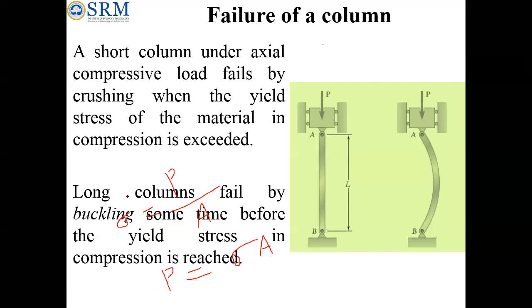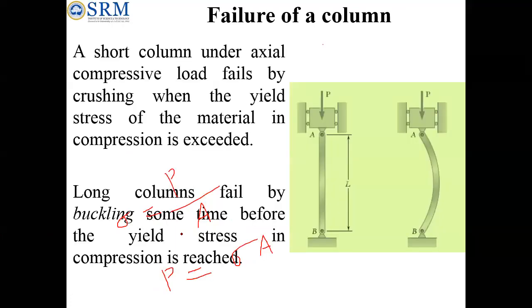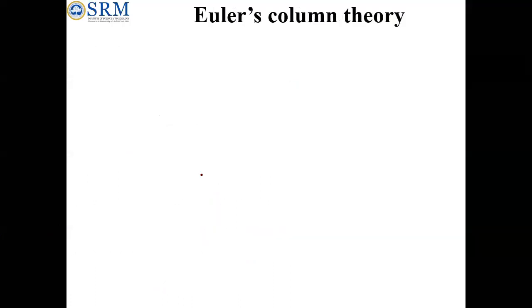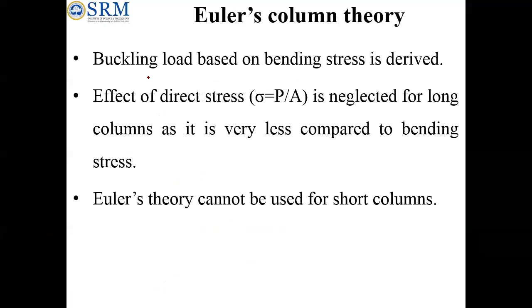Okay, a long column fails by buckling, sometime before the yield stress in compression is reached. So it fails only with respect to buckling. Now let us look at the buckling load based on bending stress, as we know, for the Euler column.